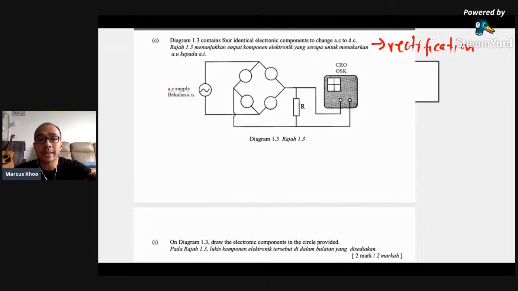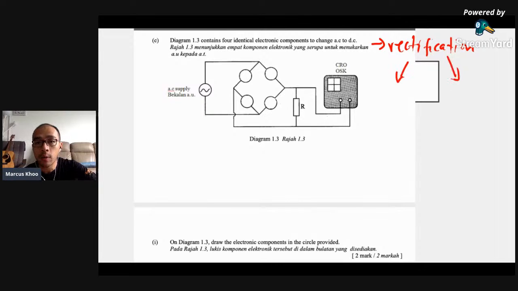Using electronic components. You know what, I'm not going to confuse that. Let's just leave it as it is. So your supply is an AC supply, alternating current supply, and when it comes out it will come out as DC. And there are two types of rectification.